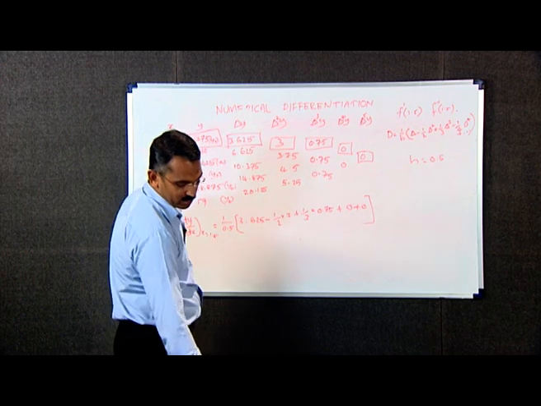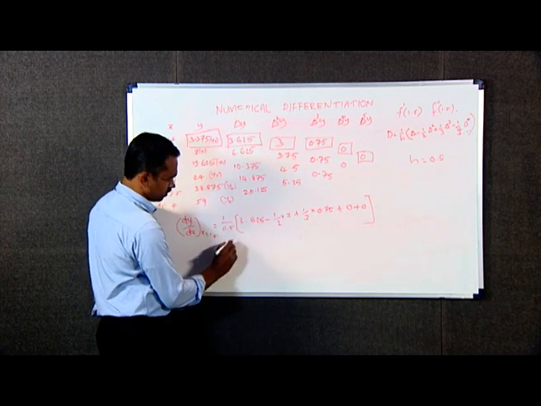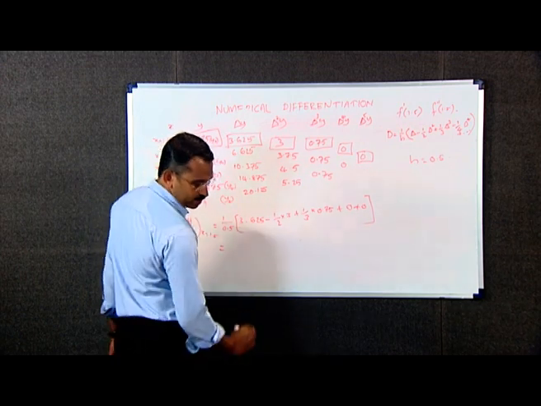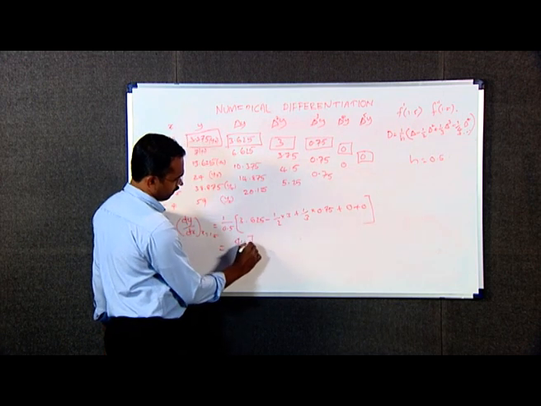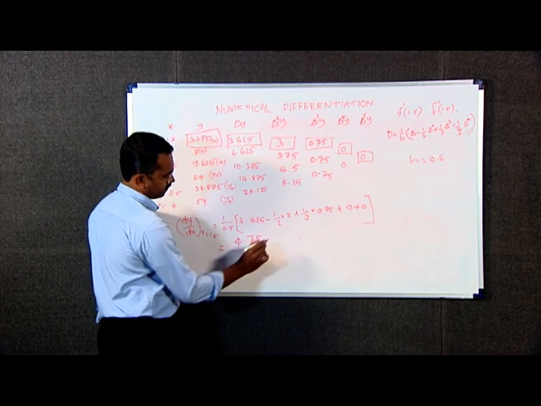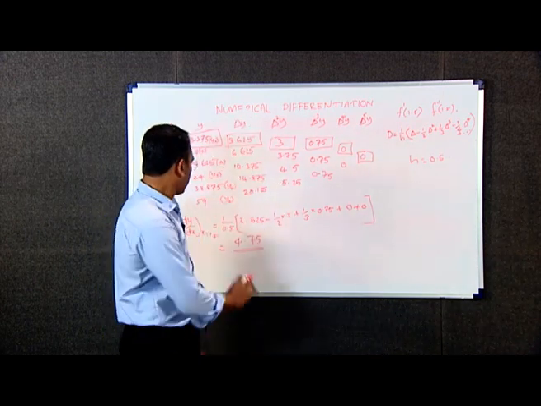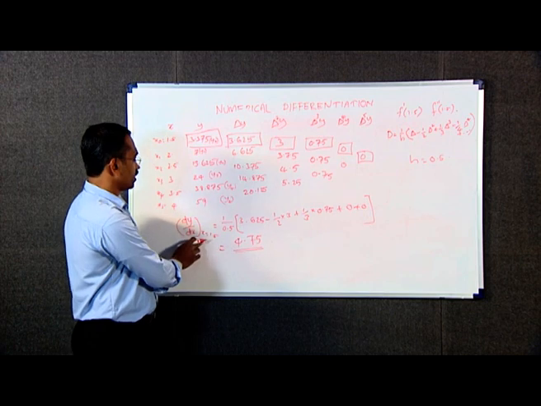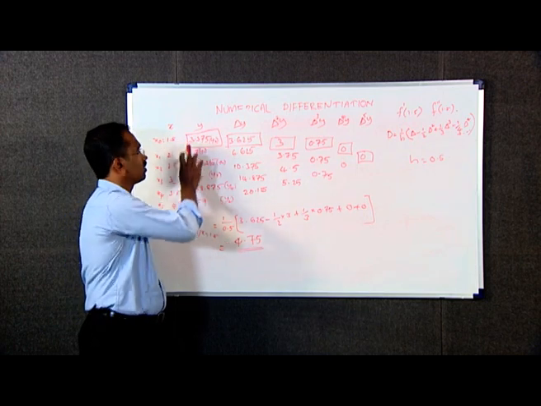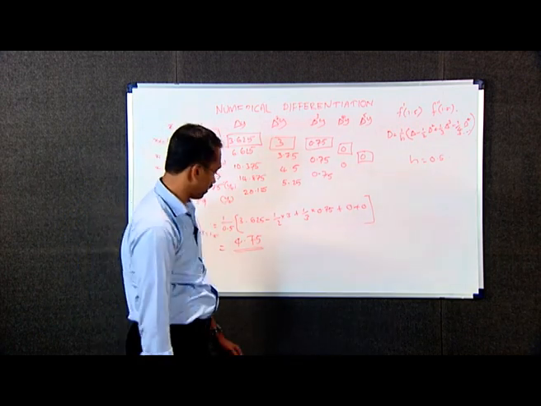On simplification, we will get this as 4.75. This is the first derivative, that is dy by dx at x equal to 1.5.